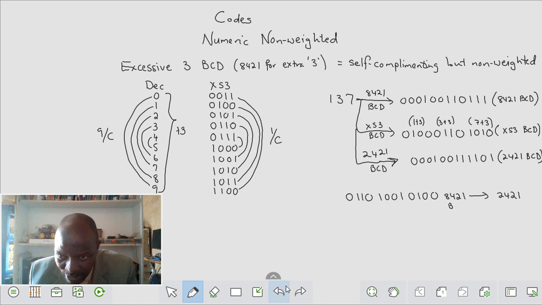We ask for 2421 BCD. These are decimals, so we first have to know what the decimal is.